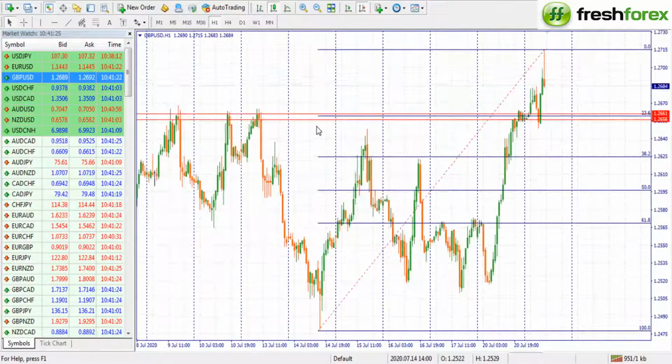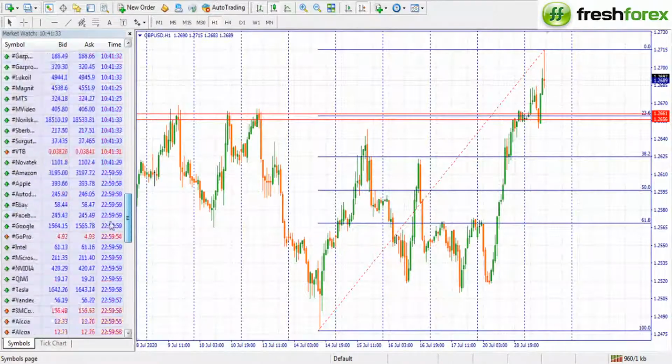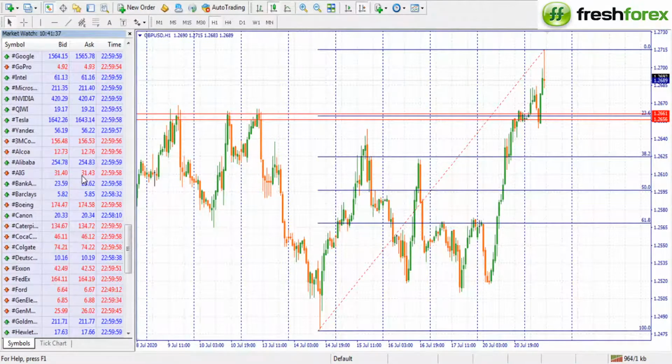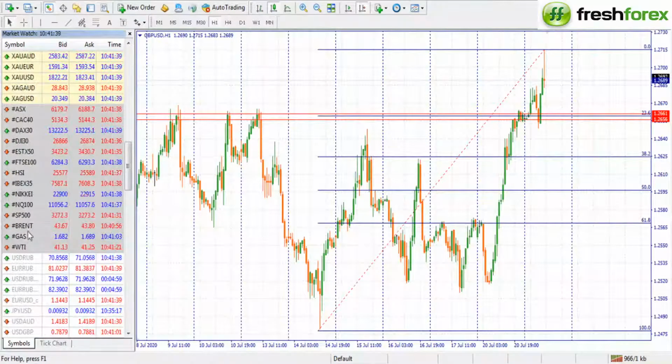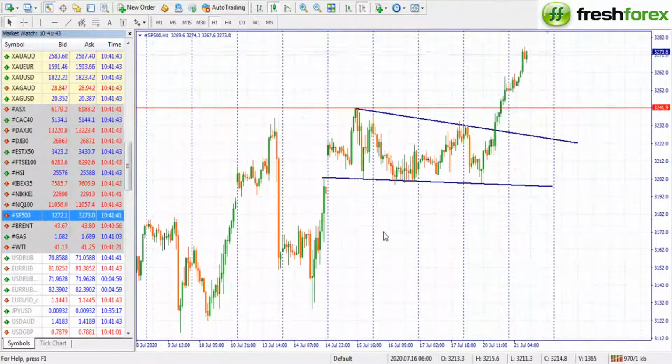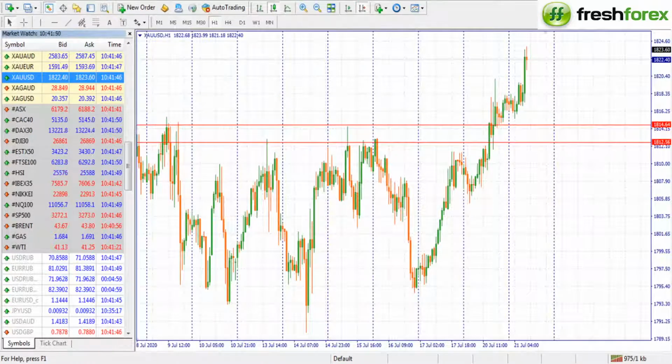We've looked at Brent oil, where we expect a move upwards. We've looked at SP500, which is in an uptrend, and gold, which is also in an active uptrend.